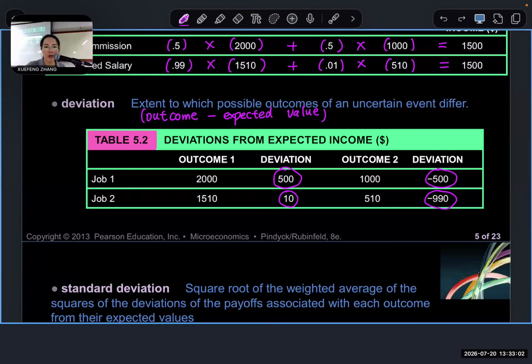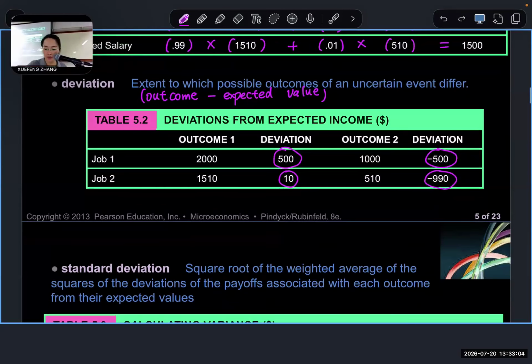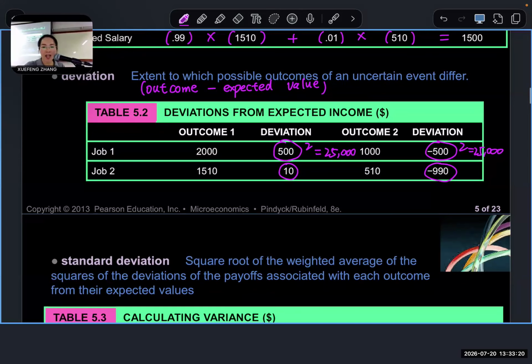So instead, we square the deviation first. Square both deviations. 25K, right? Same here. And okay, so we square the deviation and then we take the square root.